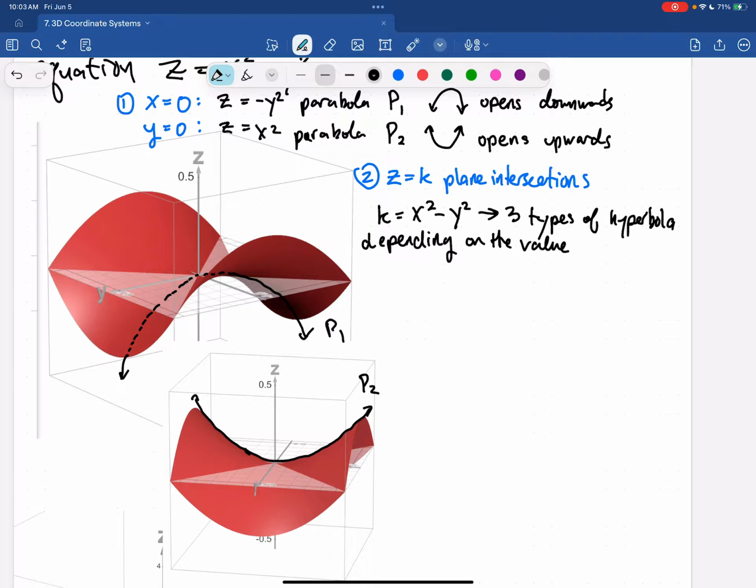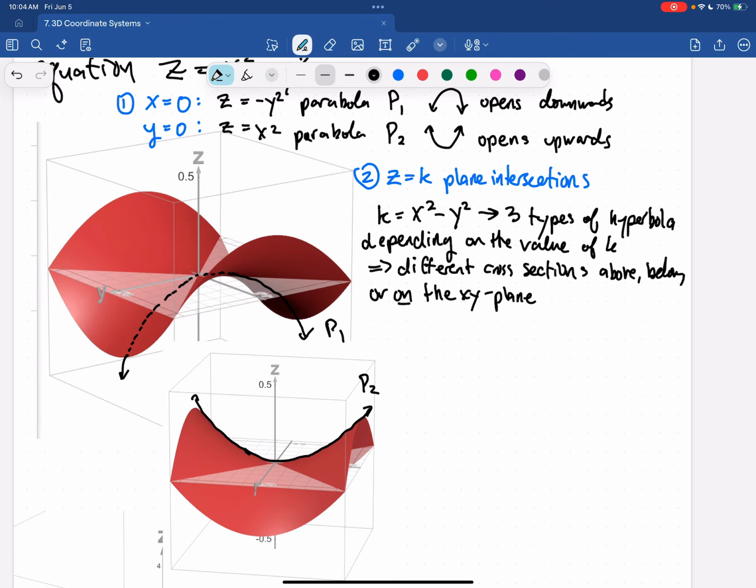So we get three different types of hyperbola depending on the value of k, which implies different cross-sections if we're taking them above, below, or on the xy plane.